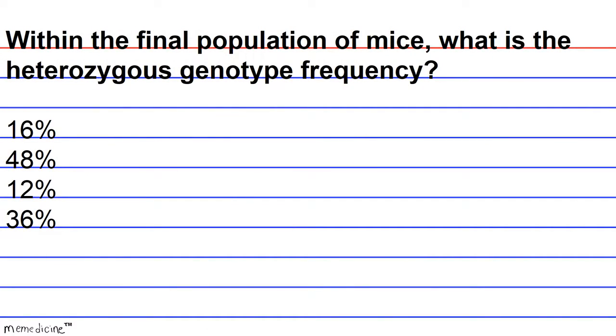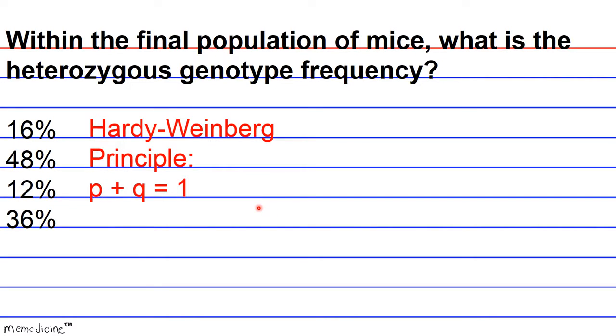This question requires an in-depth understanding of the Hardy-Weinberg Principle, and the Hardy-Weinberg Principle supports two equations. P plus Q is equivalent to 1, and P squared plus 2PQ plus Q squared is also equivalent to 1, where P equals the frequency of the dominant allele in a population, Q equals the frequency of the recessive allele in the population, P squared is equivalent to the percentage of homozygous dominant alleles.